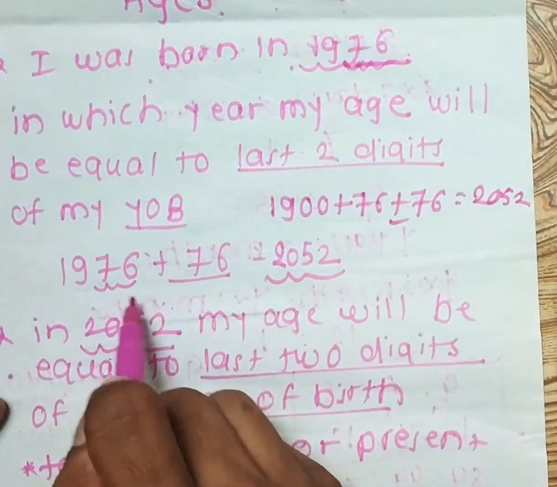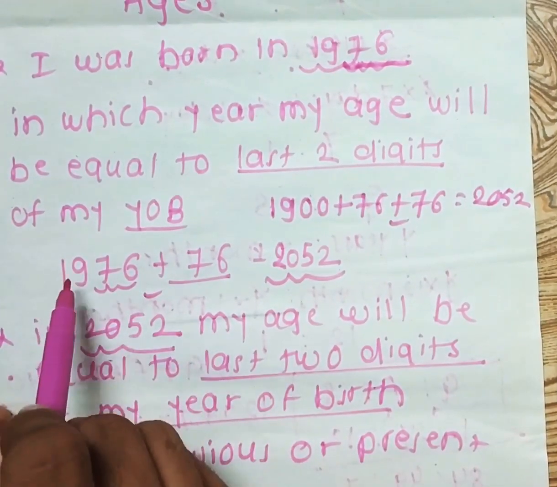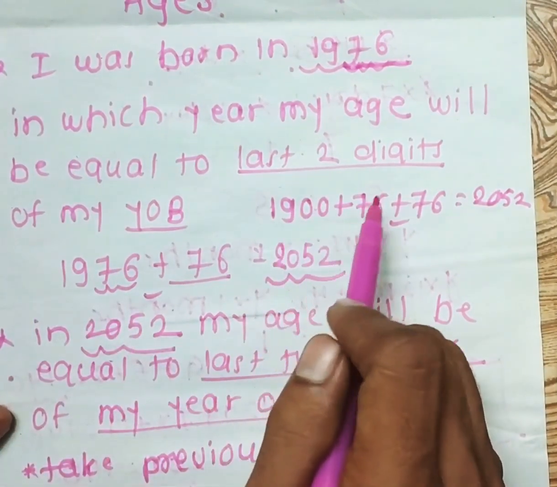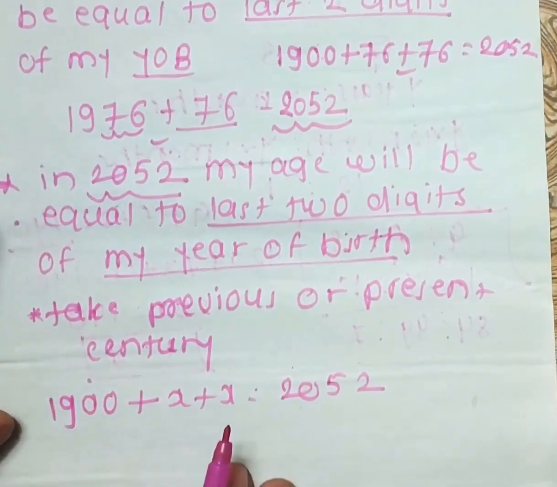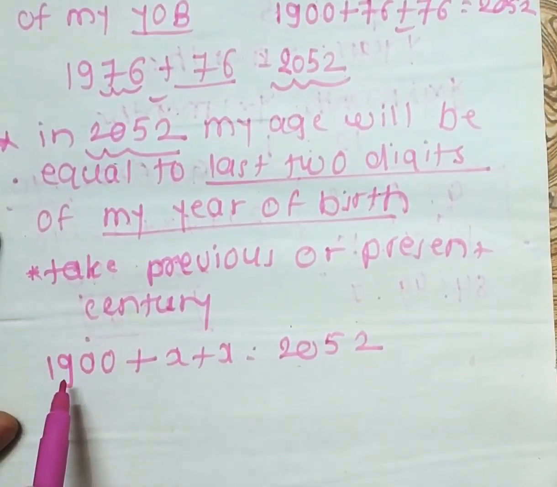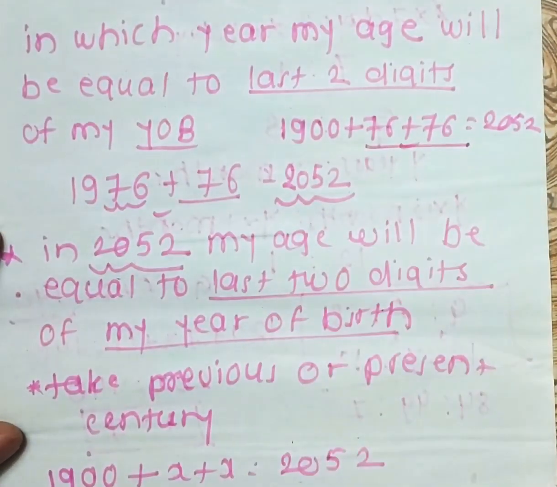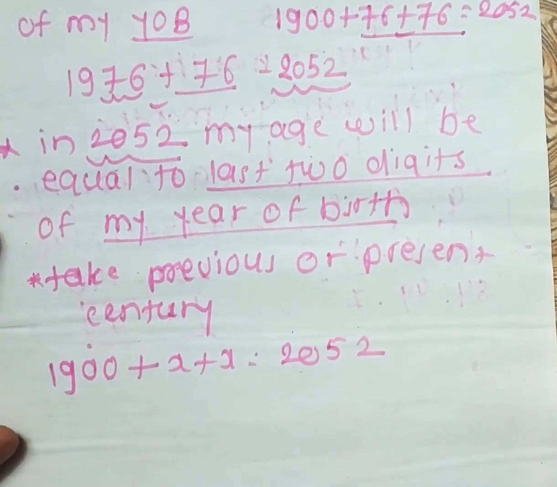This and this are the same. There is no difference between these two equations, because 1976 and 1900 plus 76 are the same. Similarly, I put here 1900 plus x plus x.